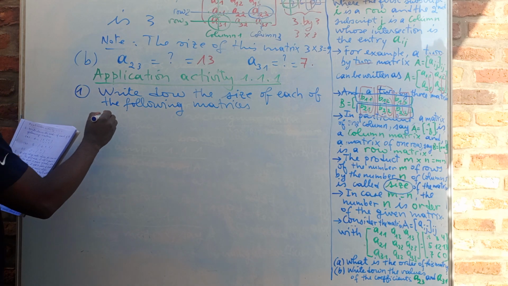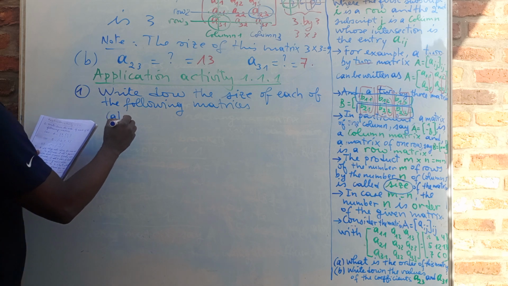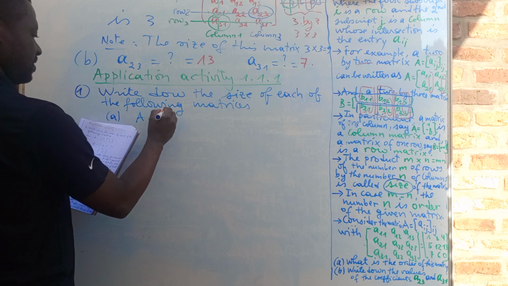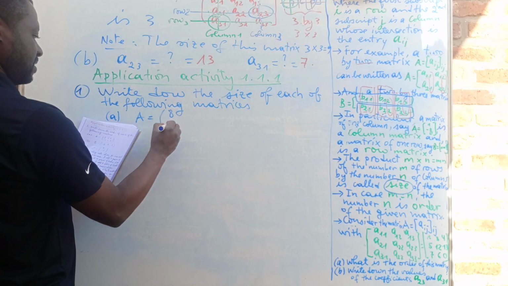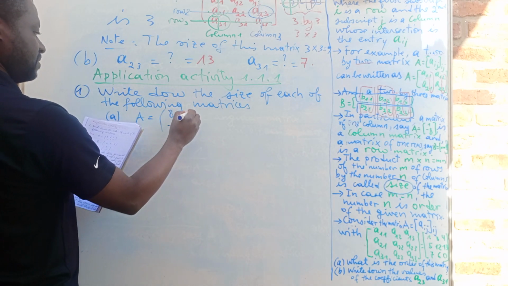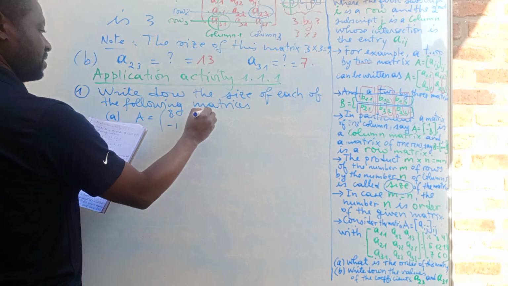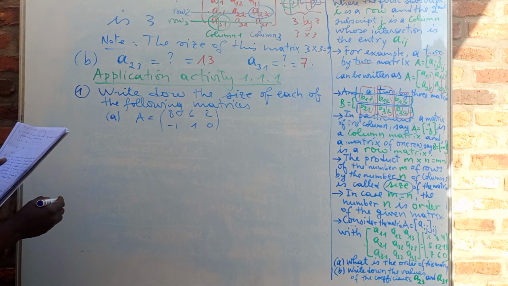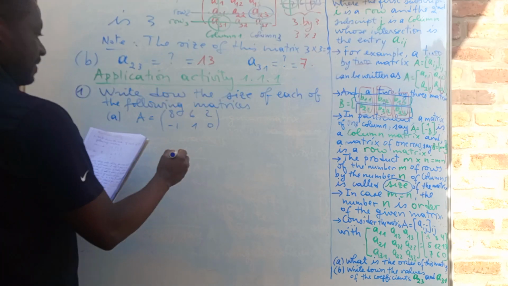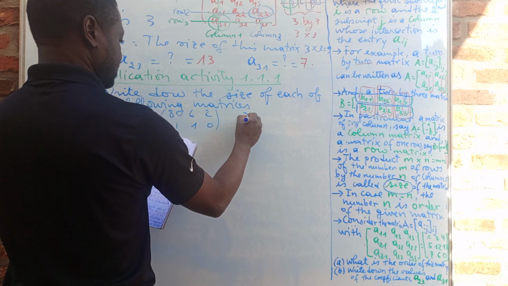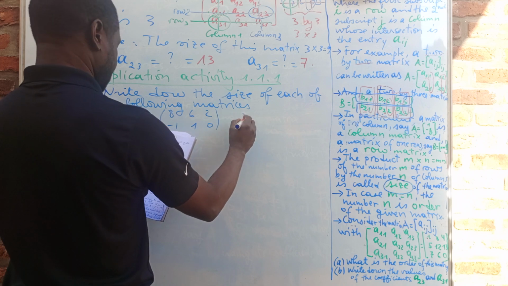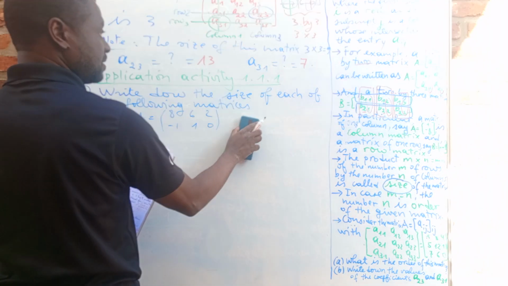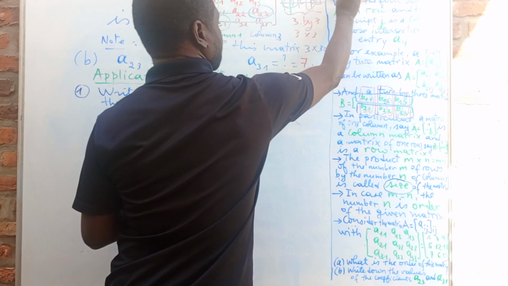So number 1, part A. Question A is the matrix A: first column 8, -1, second column 6, 1, third column 2, 0. Number B, second matrix. Let me just use this eraser.